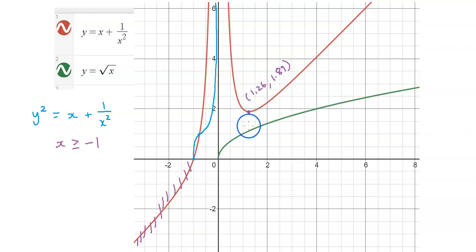And so that's going to be about, this is 1.5, so 1.37 should be about there. So that's going to be the minimum of my blue y squared graph. Okay, and since all these values are greater than 1, our y values are going to be less than them as well. So we're going to get this kind of shape here.